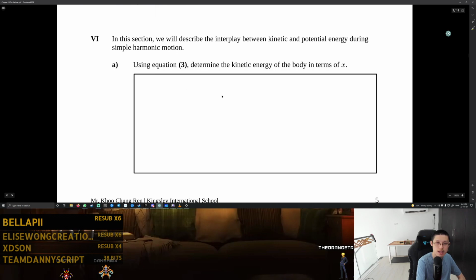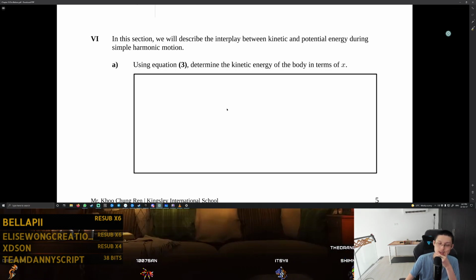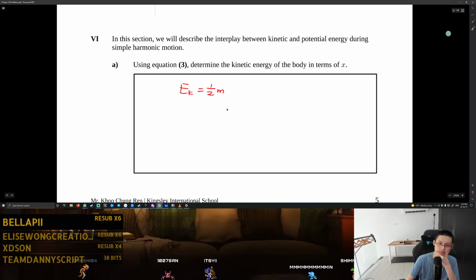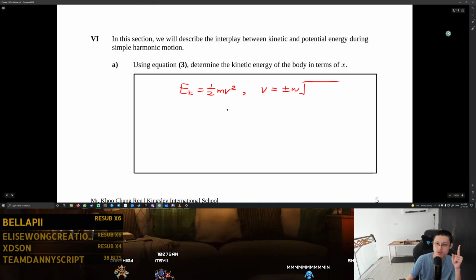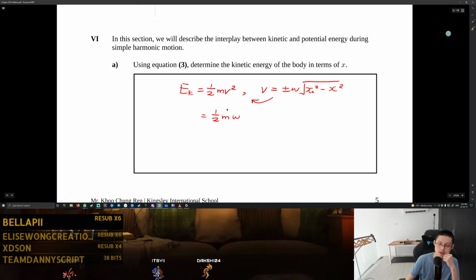Okay, so just take note of these things. Next up we'll look at the kinetic energy of the body in terms of x, the displacement. So we know kinetic energy is half mv squared. And we also know that v is equal to plus minus omega square root of x naught squared minus x squared. So we can chuck that into this, and we get half m omega squared times x naught squared minus x squared.